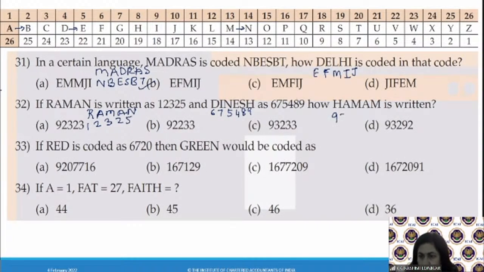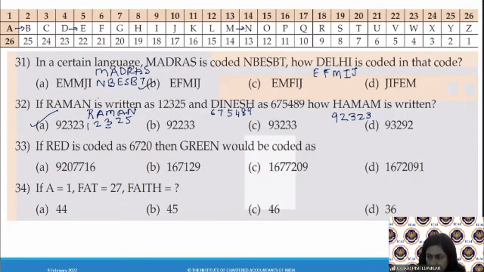M is 3. So M is 3, A is again 2, and M is again 3. So 9, 2, 3, 2, 3 will be the correct answer. In this question, they have given a separate code. They have given alphabets unique numbers that they designed themselves, and you are supposed to find the code for the given word.